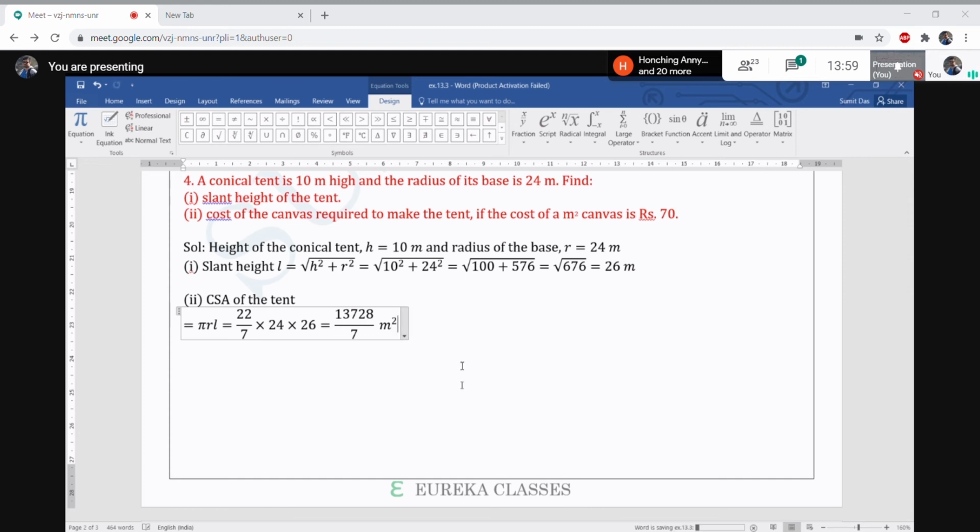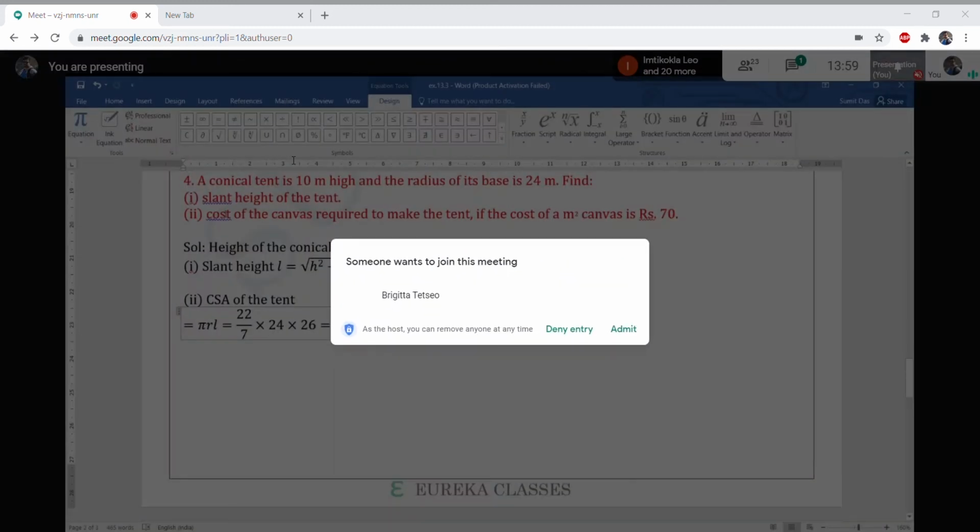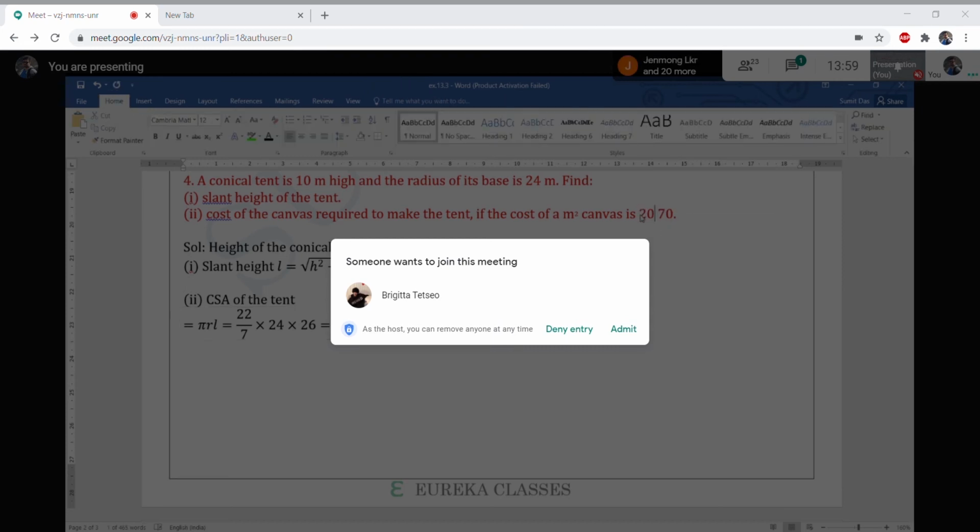Okay, don't put in decimal form, because we are asked to find the cost. We are not asked the area. So cost at the rate of 70 rupees. So let's find out the cost.